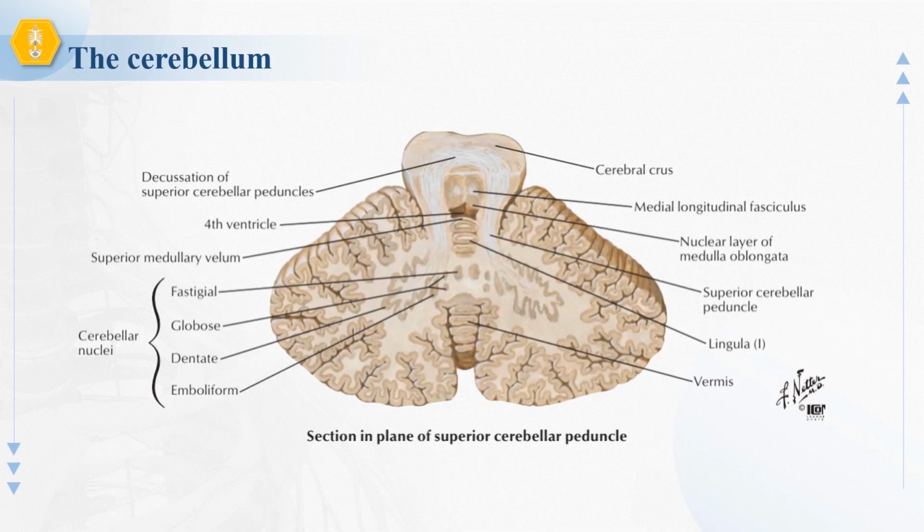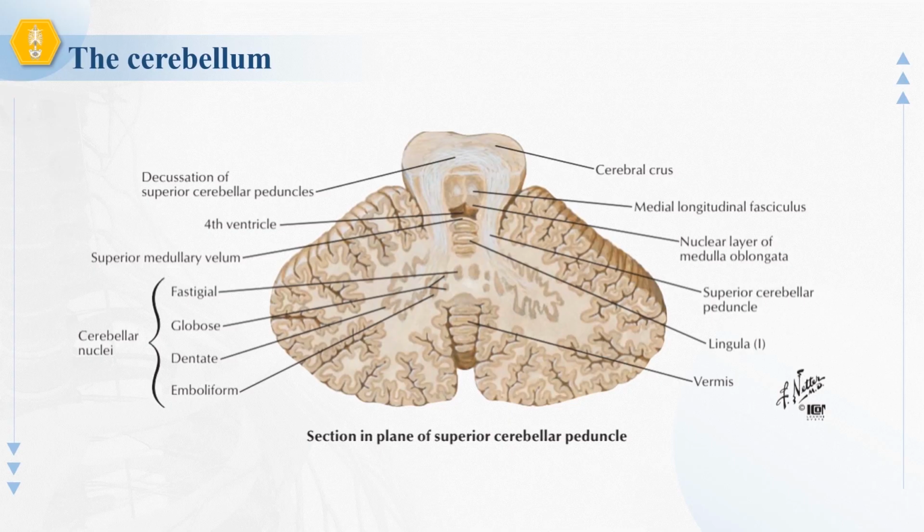The flocculonodular lobe, which receives the information from the vestibular nuclei and visual cortex, is responsible for balance and ocular movement. The cerebellar cortex transmits the information received from the 3 afferents, for example from the cerebellum, spinal cord, and the vestibular nuclei, to the 4 cerebellar nuclei: dentate, emboliform, globose, and the fastigial.